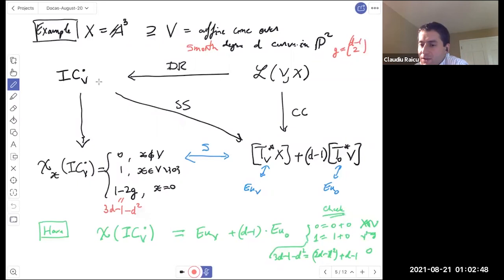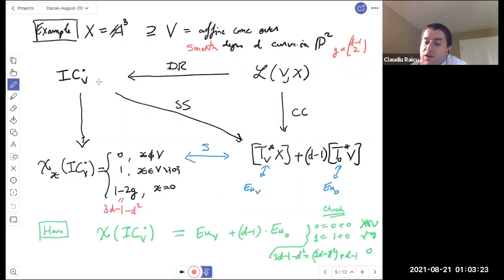Inside the constructible functions, I get a free submodule generated by the indicator functions for the closure of the strata, and on the Lagrangian cycles, I get a free submodule generated by the conormals to these, and all I did was write down the transfer matrices relative to these bases.